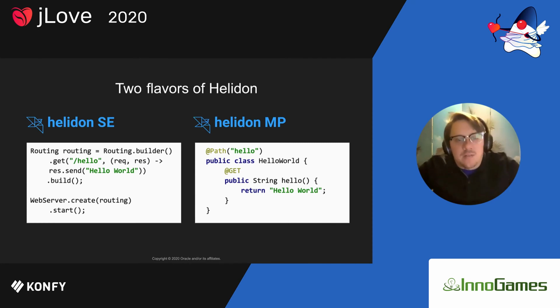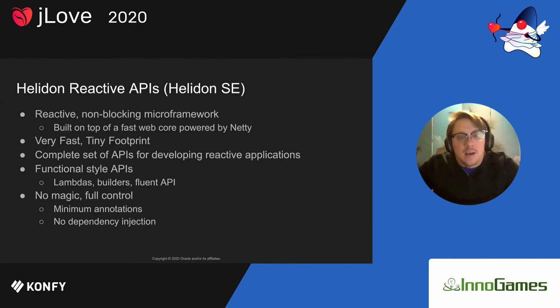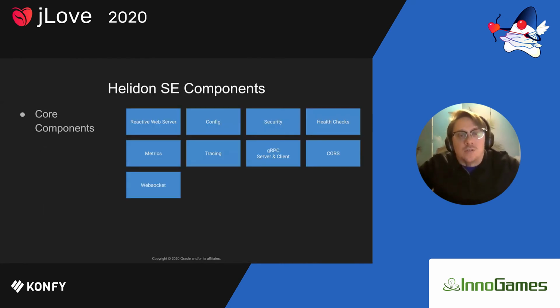I get this feedback from people who just watched them and say, okay, I have not even coded with SE, but I still understand what's written here, and it's very easy to see what you can do. So just put a dot, and you will receive from the IDE all the methods you can use. So once again, it's no magic and full control.